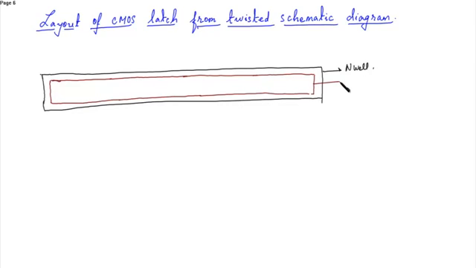Okay, so this is a P diffusion layer. So this was the PMOS. So next we have to construct the NMOS. Okay, so we'll take a.